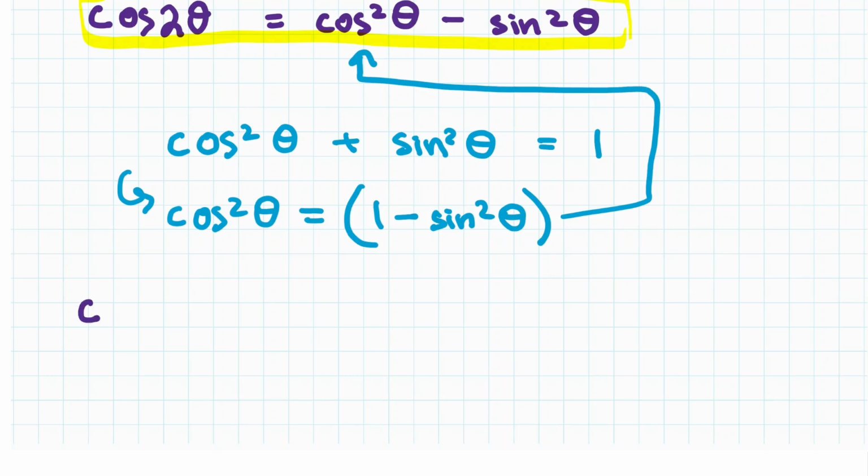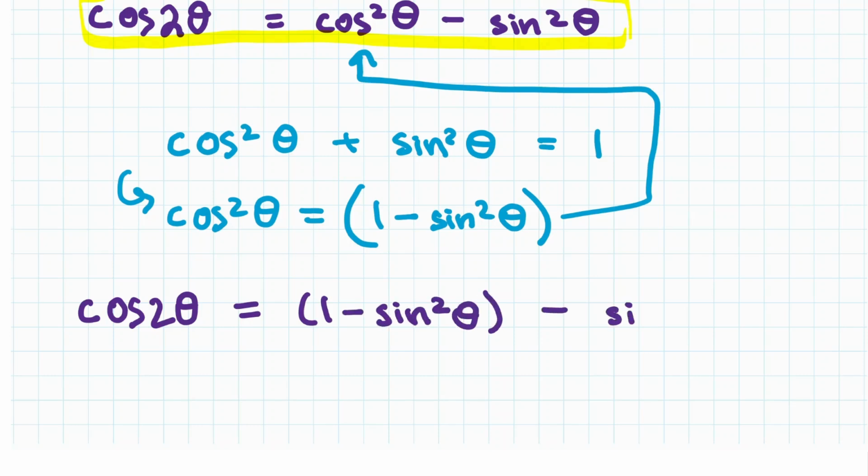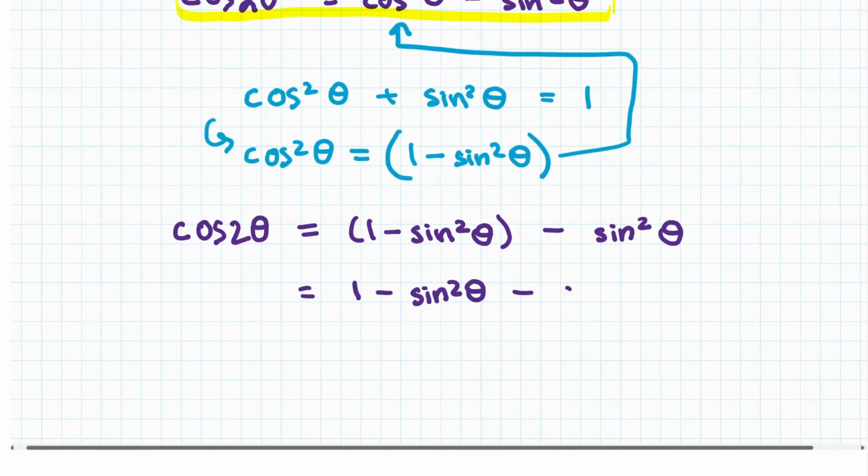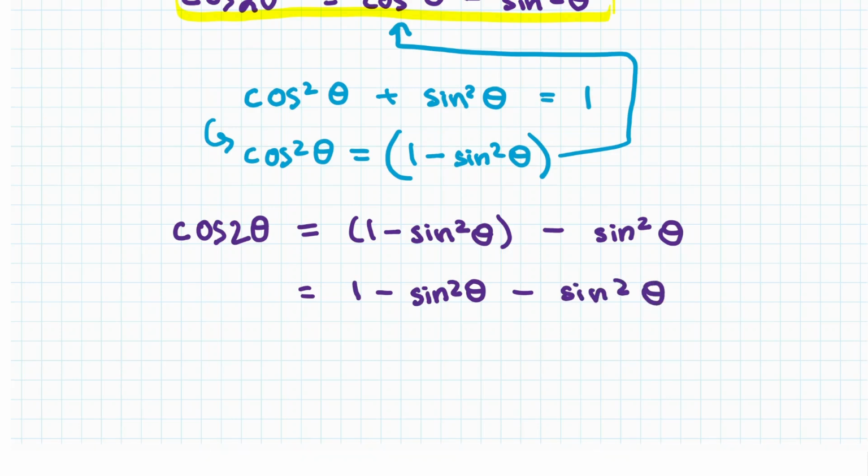As a result, we end up with cos 2 theta equals 1 minus sine squared theta minus sine squared theta. And after we simplify it, what do we get? We get 1 minus 2 sine squared theta. And that is our second double angle identity for cosine.